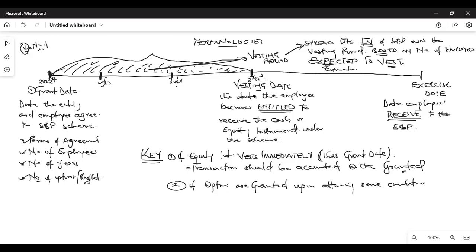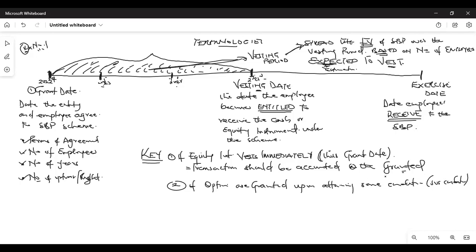A typical condition will be like, okay, you will have to be there for 2 years, or you have to complete a specific period of service, let's say 3 years. Those are the things we are talking about. So here we are talking about service conditions.